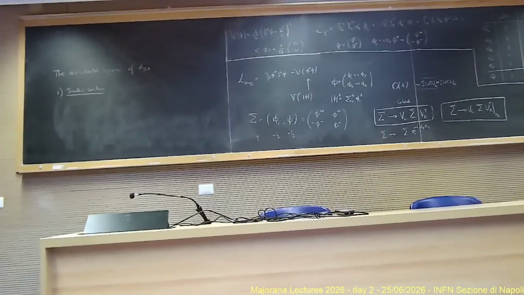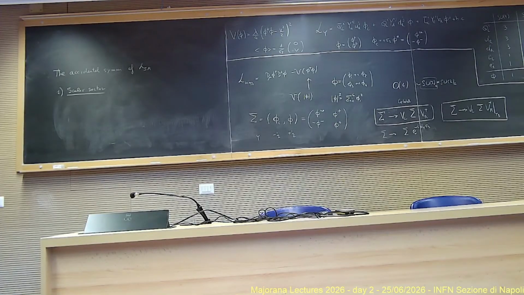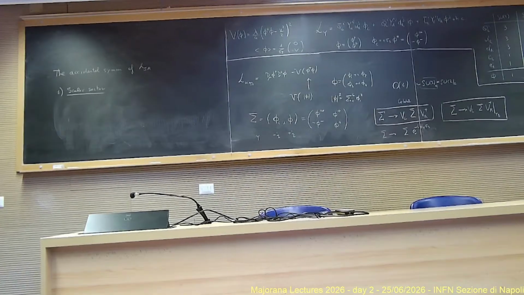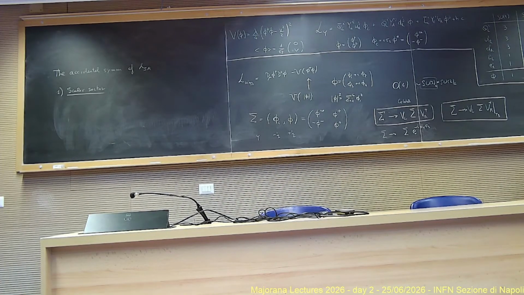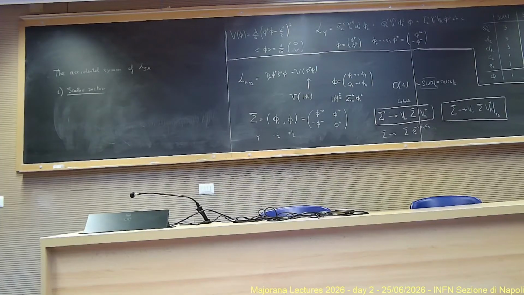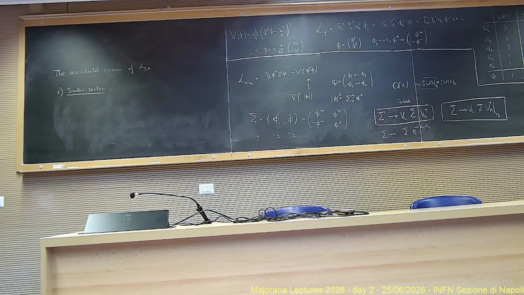And actually, the biggest breaking is the top Yukawa coupling. And not surprisingly, this is the biggest breaking of the custodial symmetry, which gives rise to a famous observable, for those who know, which is the rho parameter. So the relation between the W and Z masses, which is not due just to the gauge coupling. Actually, it is a consequence of this symmetry.